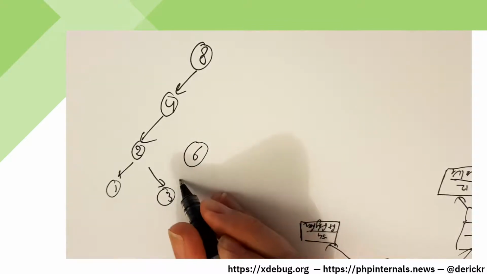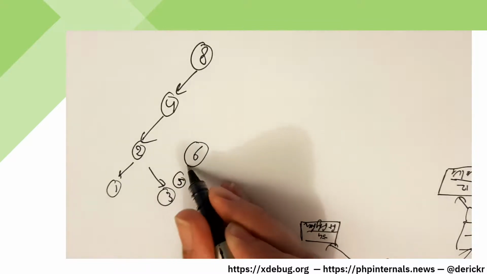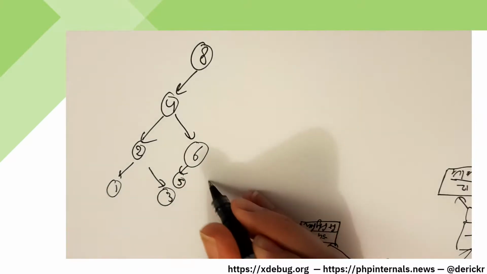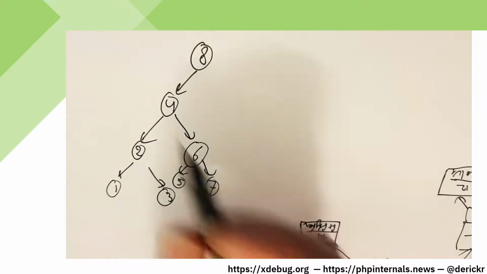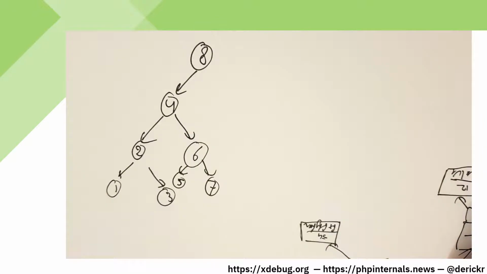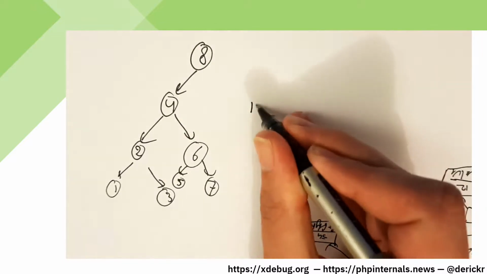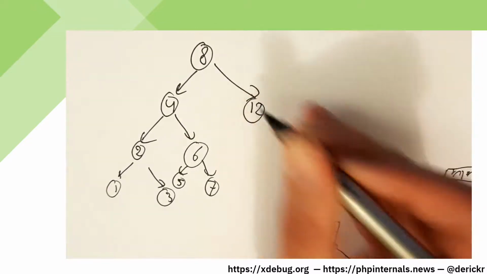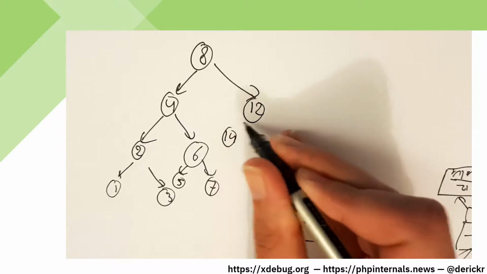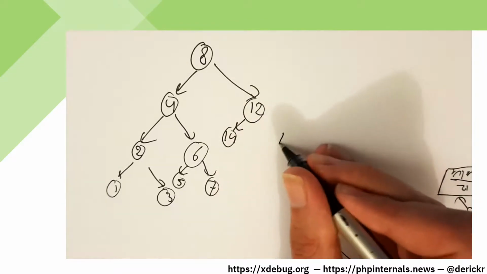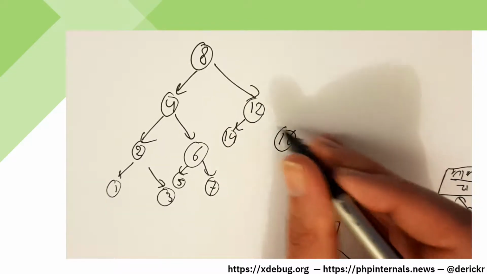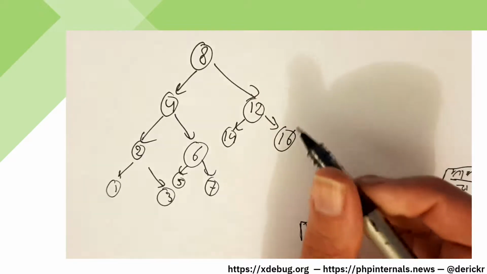Then we get 5, and the number 7. Now let's pretend the next number that comes in is, let's see if I do this right, the number 12. So we get the number 12 here. Then we get 14. Oh sorry, I did this wrong.